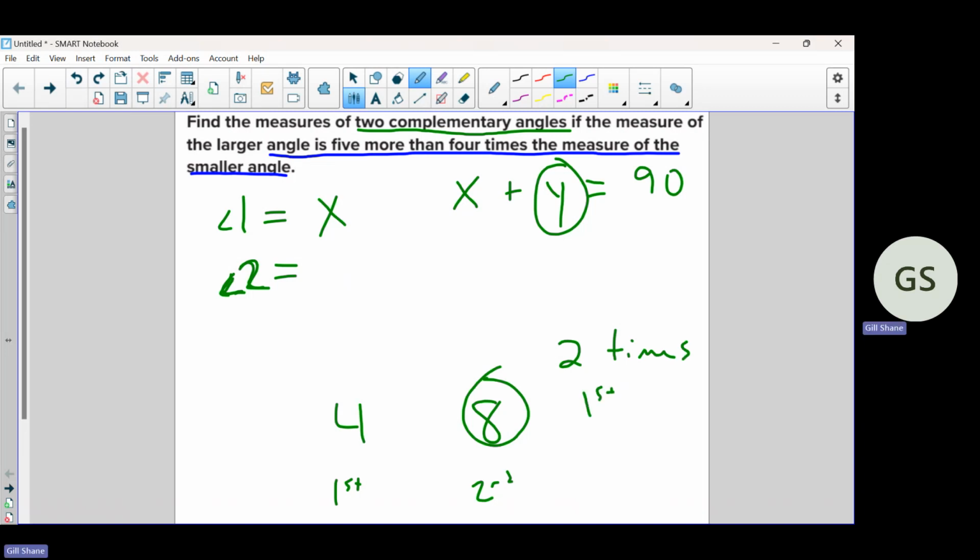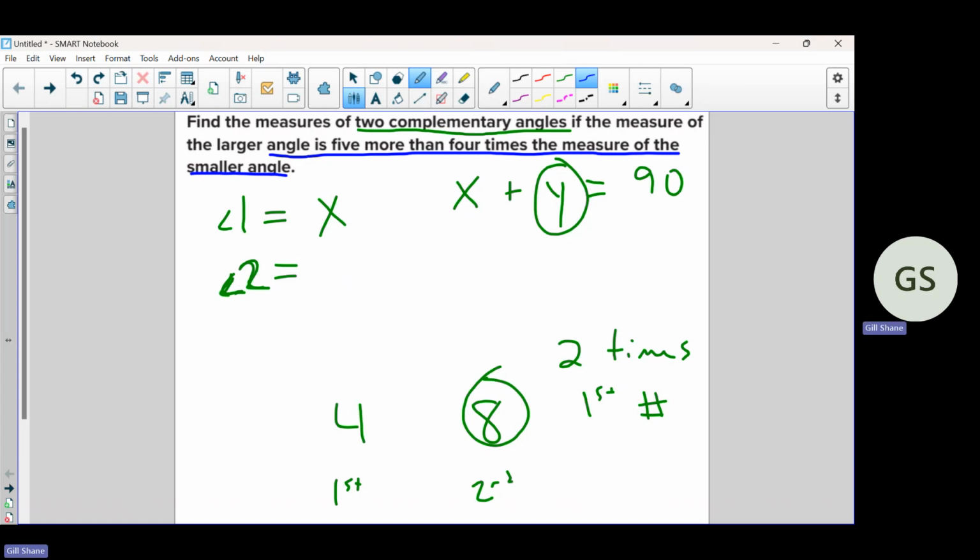Because again, if I take the first number and I multiply it times 2, I get the second number. 4 times 2 is 8. So what we're trying to do is take this X right here and say, well, what could we do to that to get to the second number? And that's how we use all that stuff in blue.